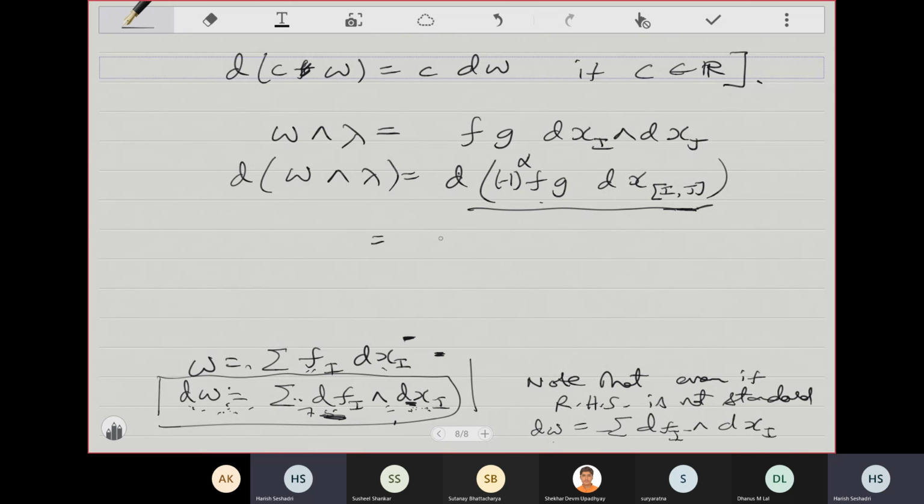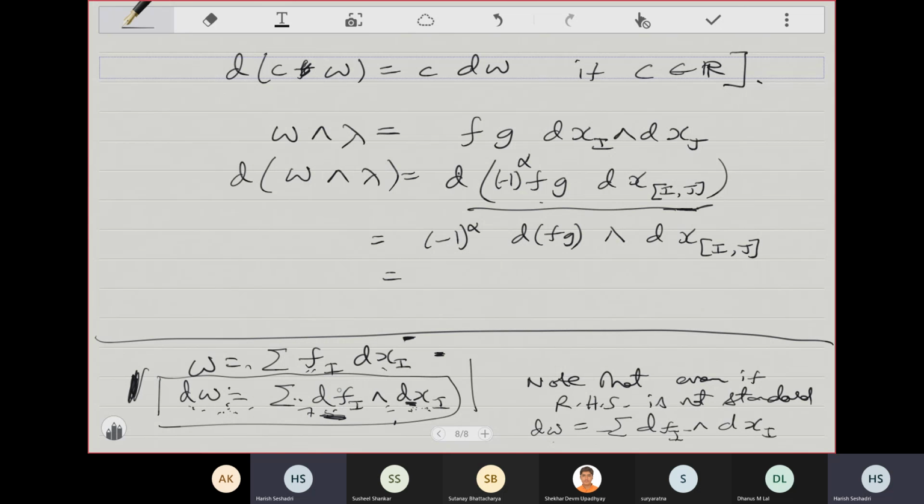So I can use the definition and write it as minus dfg wedge this. Now, whatever I said when I was discussing the general case, I said to use the minus sign to go back to the original form.